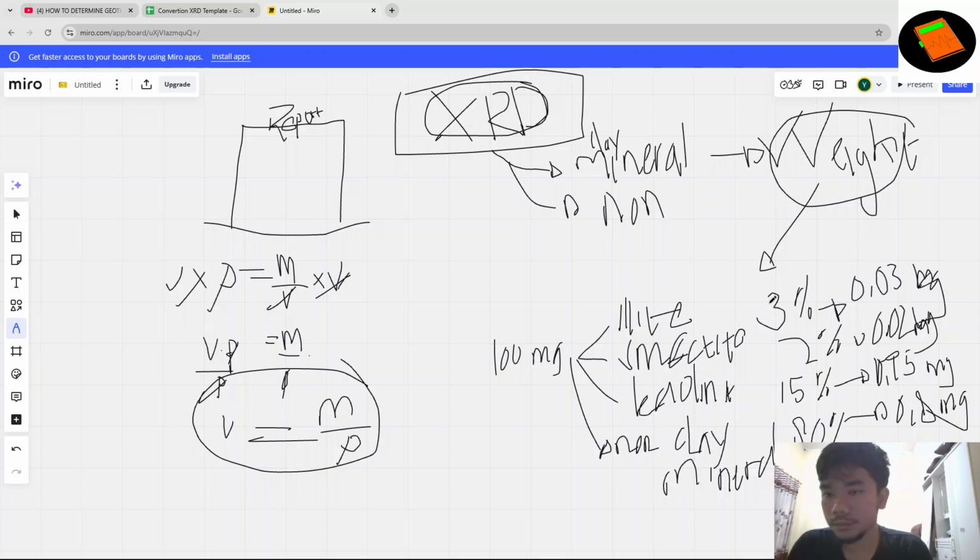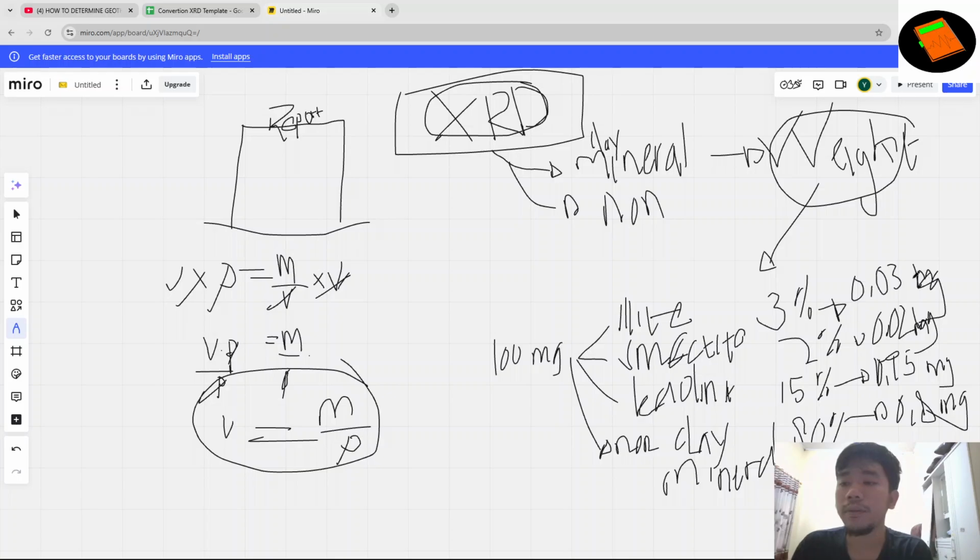The percentage is shown by this number. By this number, we know we have illite 0.03 milligram, smectite 0.02 milligram, kaolinite 0.15 milligram, and the last, non-clay mineral, 0.8 milligram.